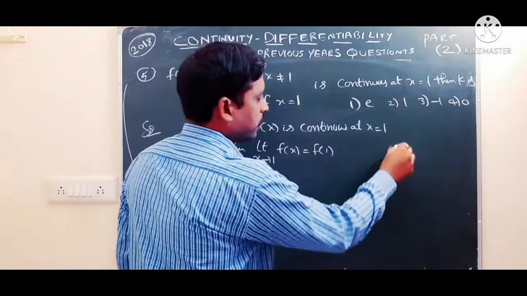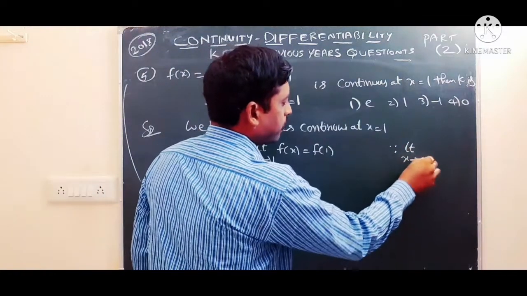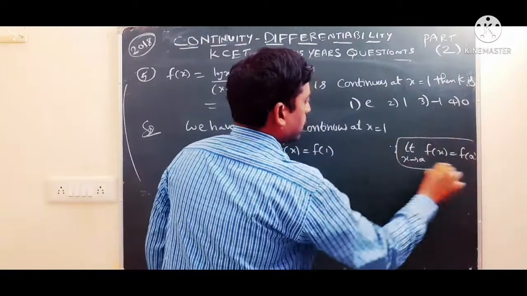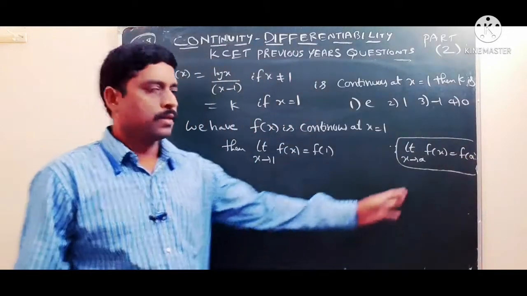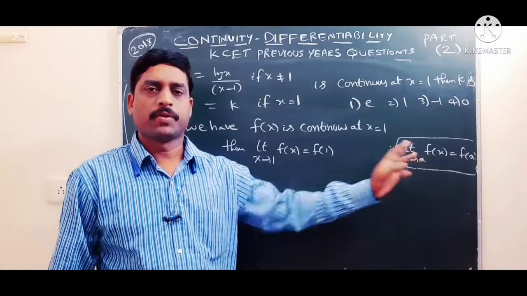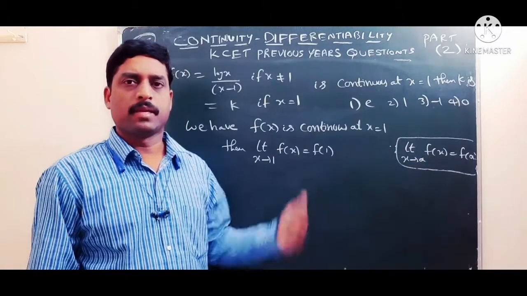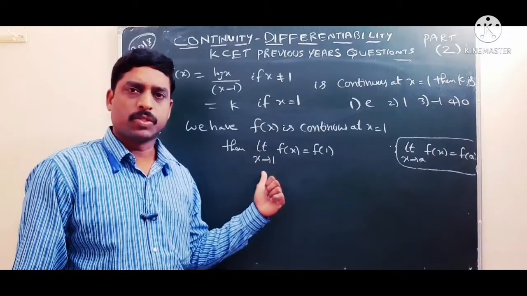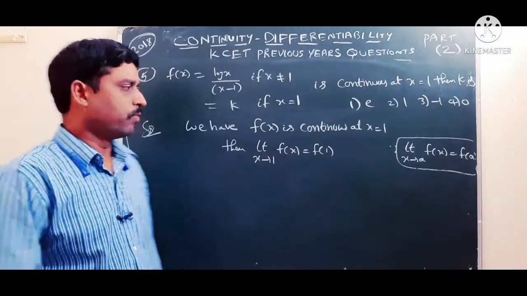So by using this definition, limit x tends to a, f of x is equal to f of a, where f of x is continuous at x is equal to a. But in this statement, what is given at x is equal to 1? So limit x tends to 1, f of x is equal to f of 1.